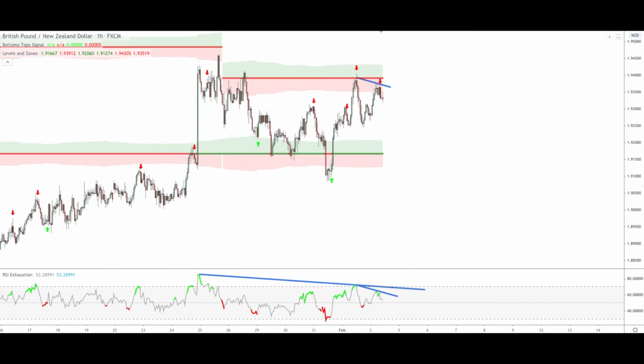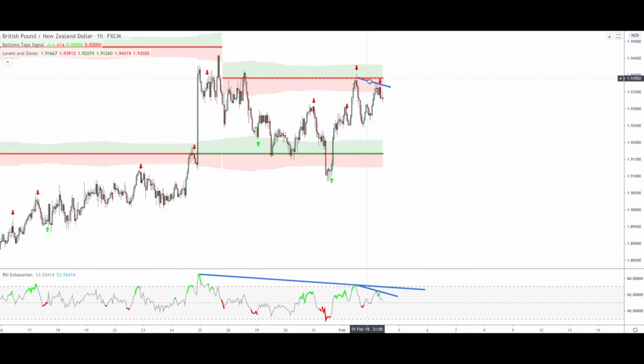So the first condition, divergence between the price and the RSI, we cannot technically check this, but first of all, the price continues to push up to this level, so it's basically at the same level. The RSI is going down, both from a micro point of view and on the smaller, most recent price action here. But the price is kind of moving sideways here.